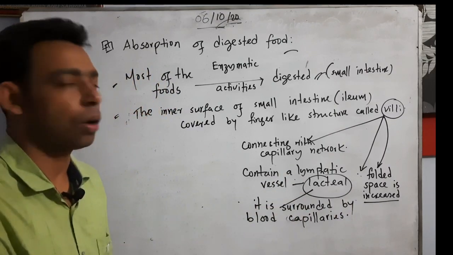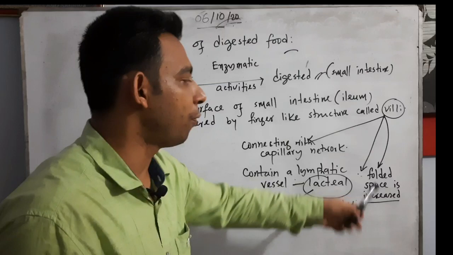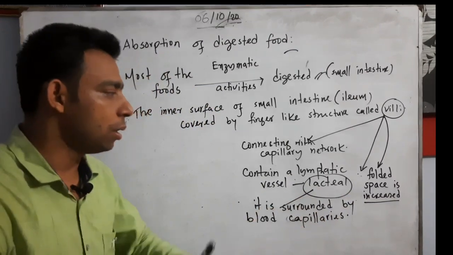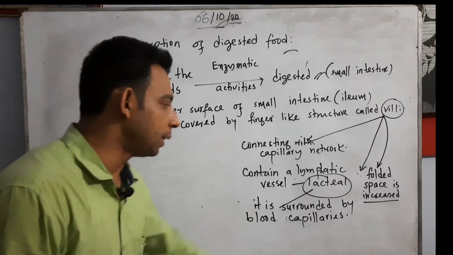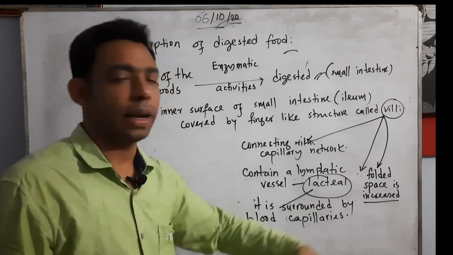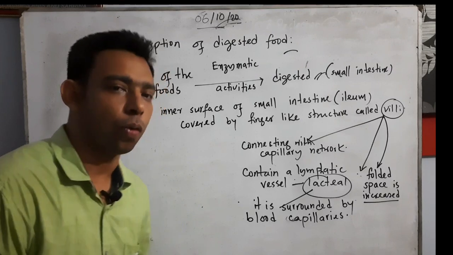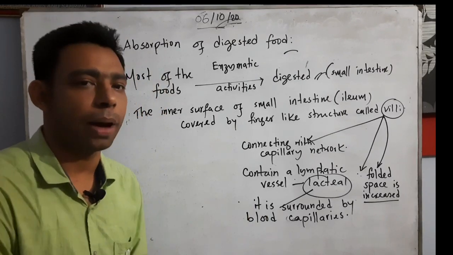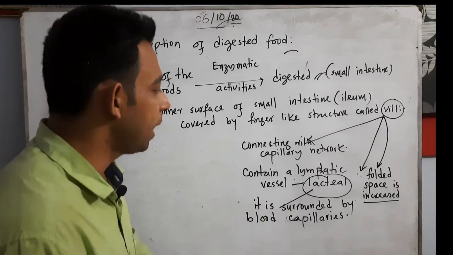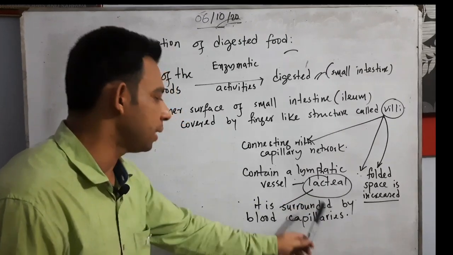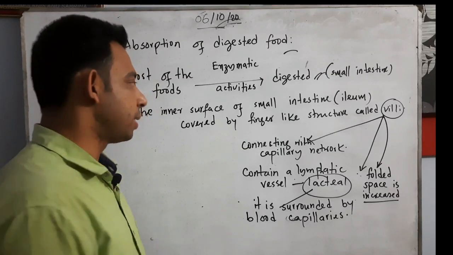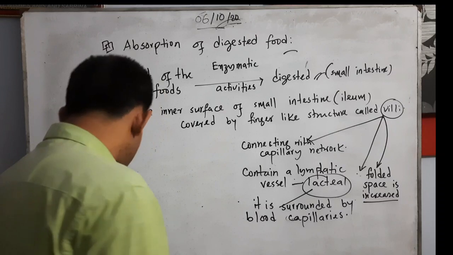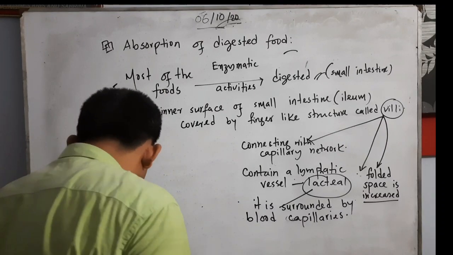When the villi become folded, there is a lot of space, and that space can accommodate a large amount of food ingredients to become absorbed. This is a very important thing, and I hope you understood. Then we will go through the blood vessel.